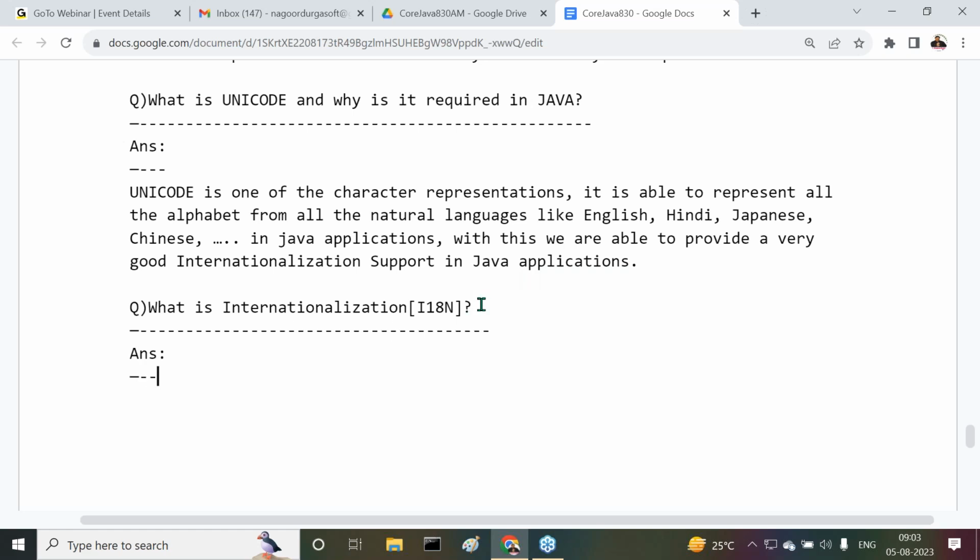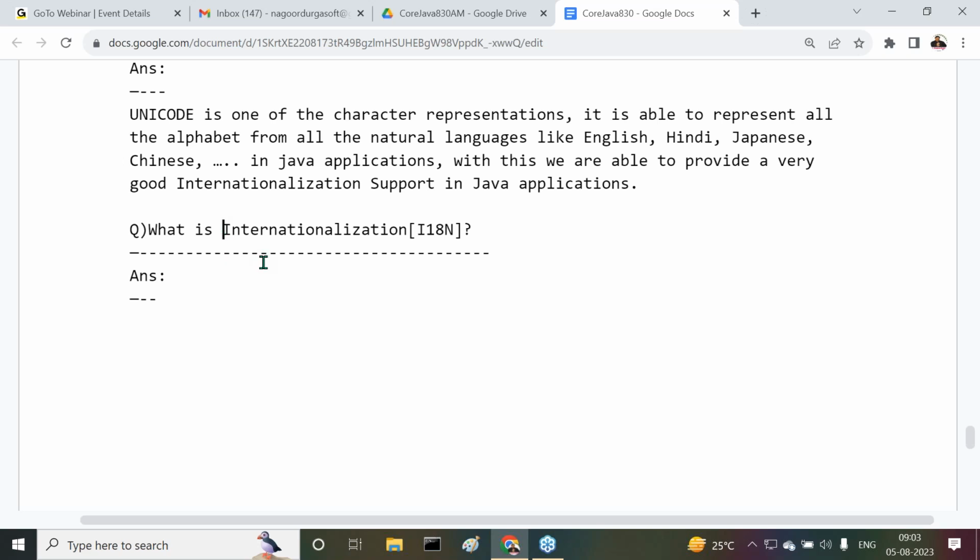What is the meaning of I18N? In the word internationalization, the first symbol is I and the last symbol is N. Between I and N, 18 symbols are available. That's why, in short, we say I18N.